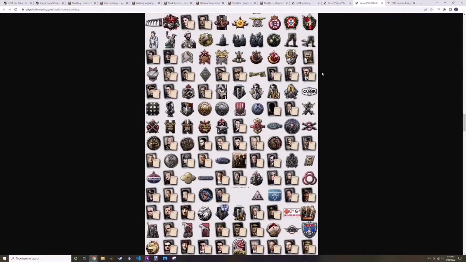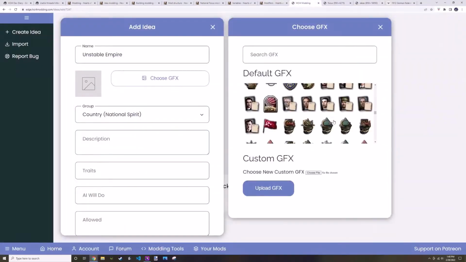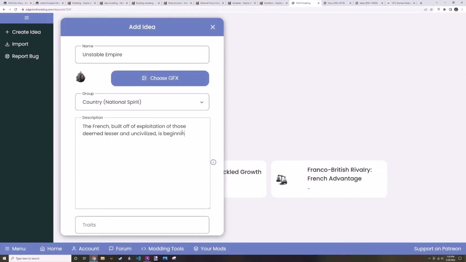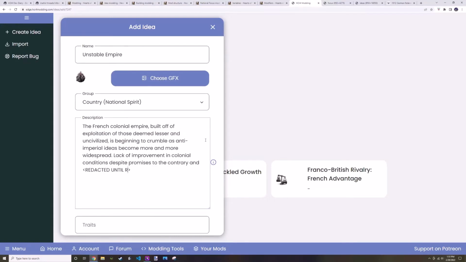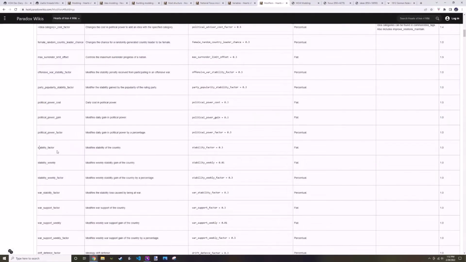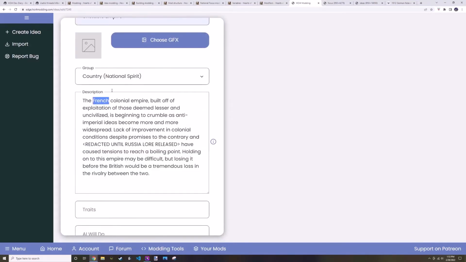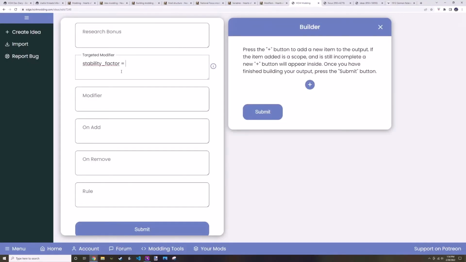Another thing that's impacting both France and the UK is that their empires are particularly unstable. That's because anti-imperial ideas are becoming more widespread, as well as the fact that they keep promising things are going to get better, but they don't. That plus something that is redacted until Russia War is released.